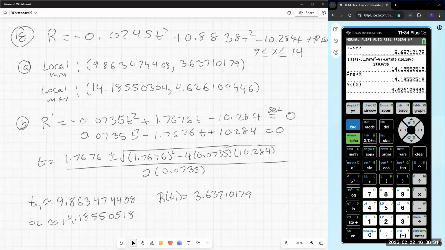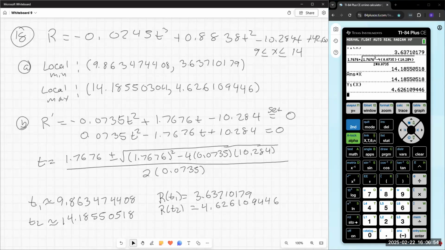We're going to see the calculator gave us a very good estimate here using the graph. See, same y value there.